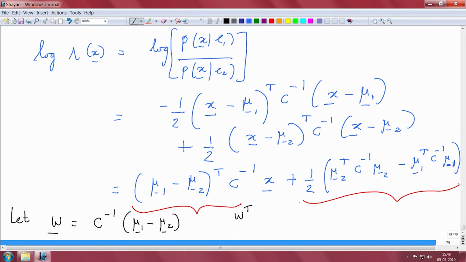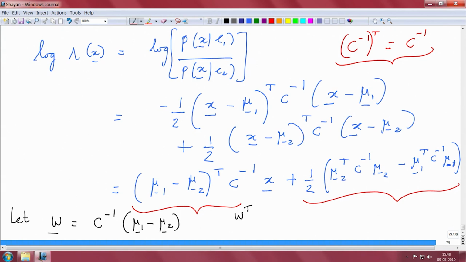We assume that C inverse transpose is C inverse. So, ponder why you have this symmetry in the covariance matrix, why these have to be symmetric. Okay. It should be straightforward.